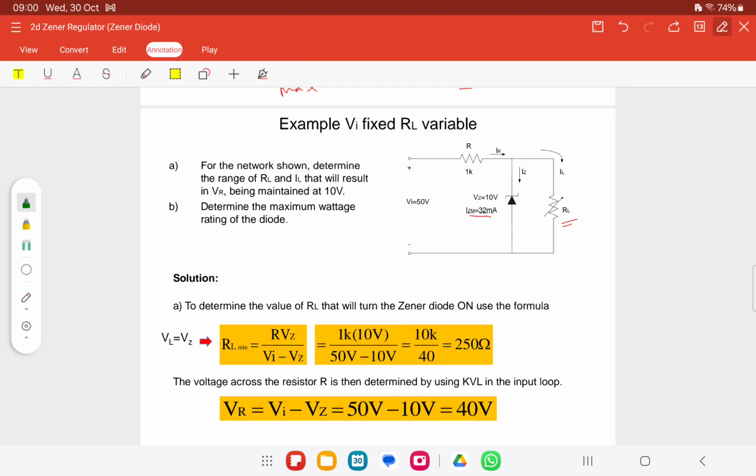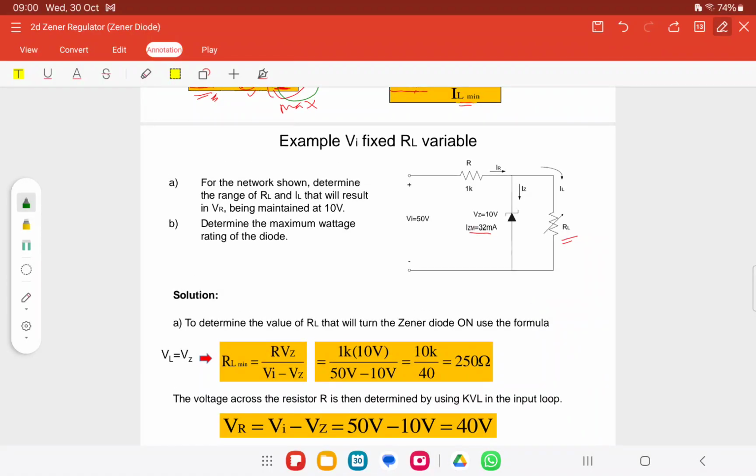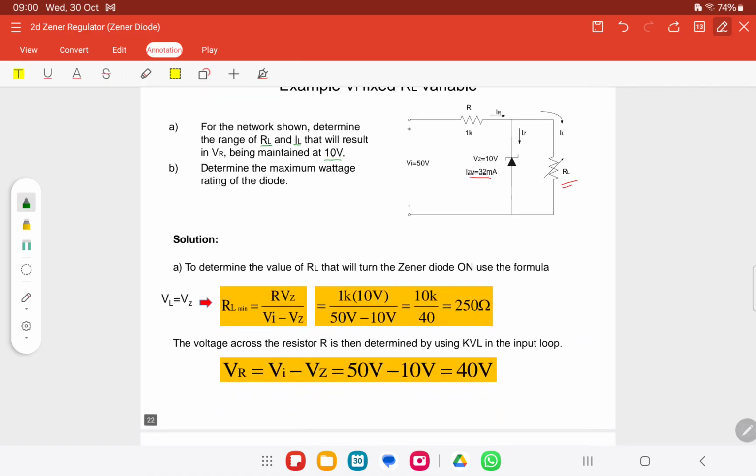Alright, so this example, determine the range of RL and IL because the R is vary, VR is 10. Okay, so from here kita boleh dapat, this one is equals to 10, VL equals to VZ. Yang tu memang tak boleh lari. So VZ is equals to VL, sama.